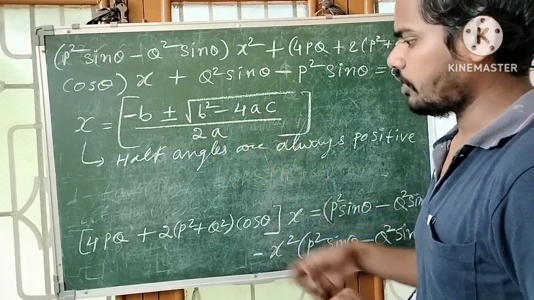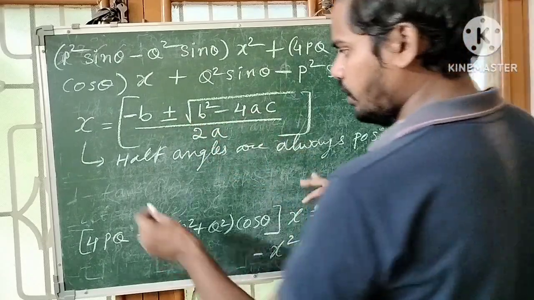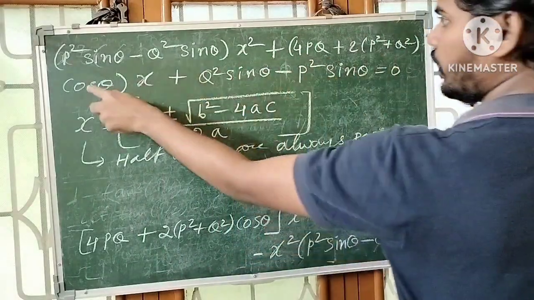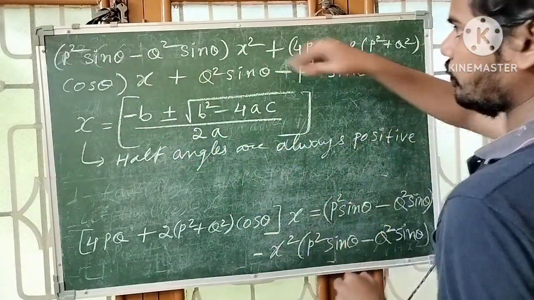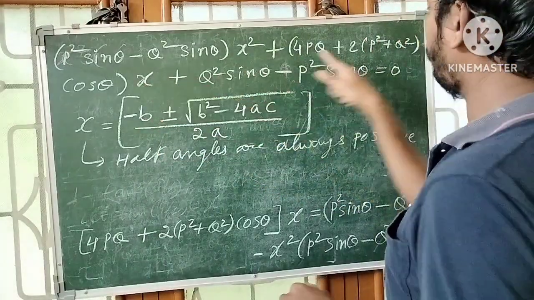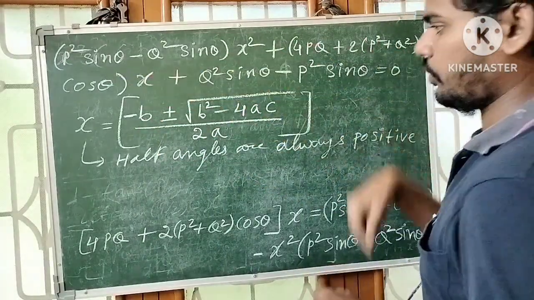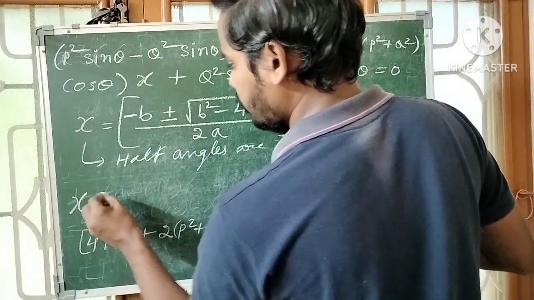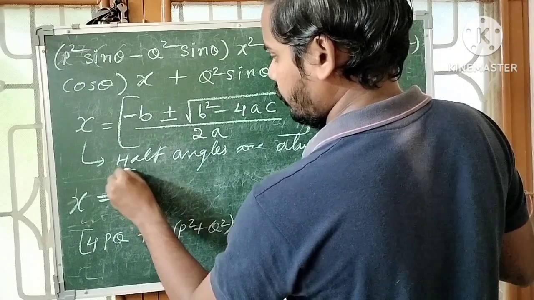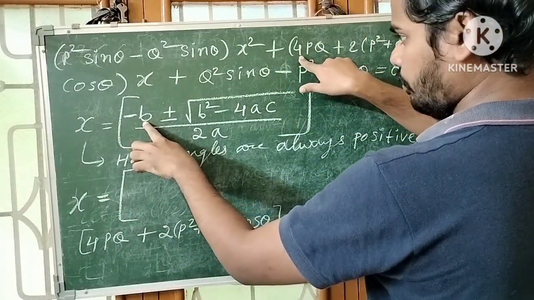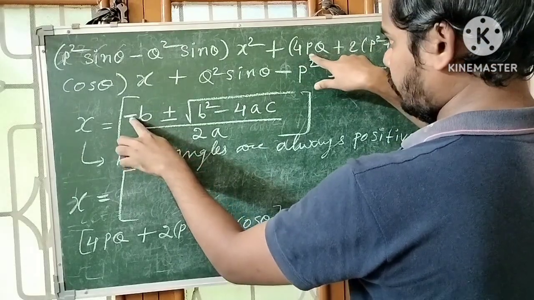Anyhow, what is a, what is b, what is c? The general form of a quadratic equation is ax square plus bx plus c is equal to 0. Here b means the coefficient of x, that is this expression. So, let us substitute all that. x is equal to minus b. Here the minus sign is there.